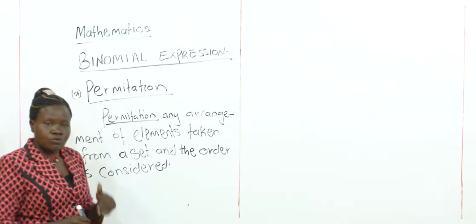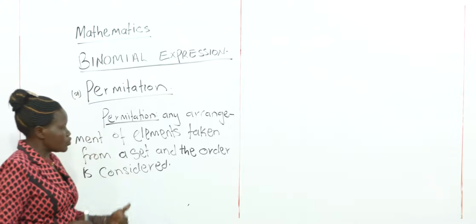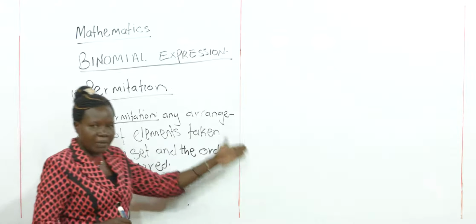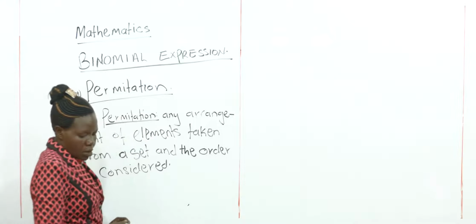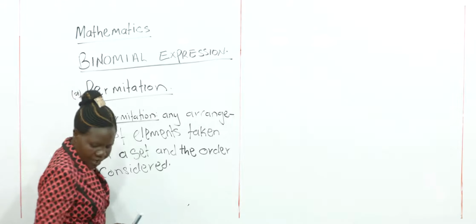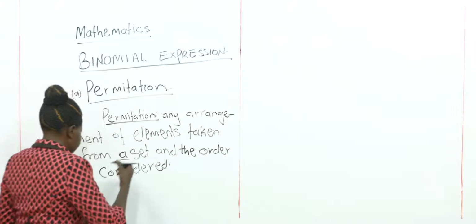But when you transform that activity into mathematics, we say it is a permutation. As I told you, during those days long ago, people used to arrange their things.